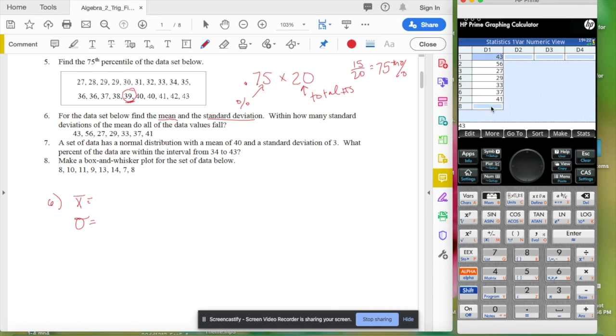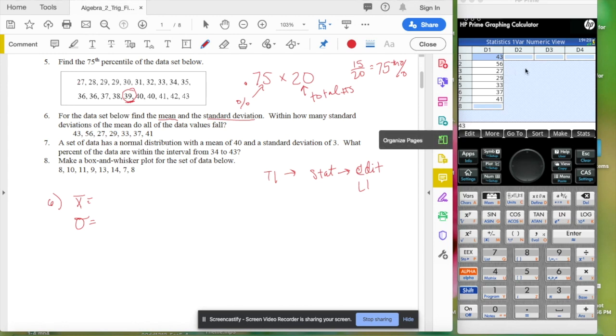If you have the other type of calculator, the TI, I believe you're going to click stat and then that's an E, edit, and that's going to give you List 1. So you plug it into List 1, and that's where you enter your data.